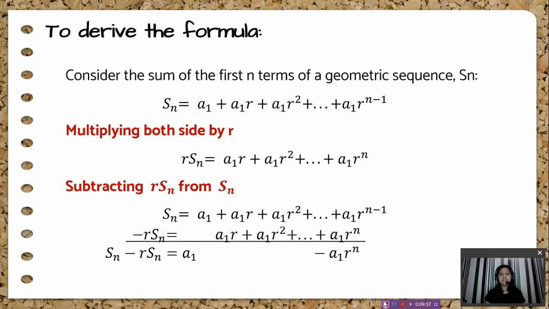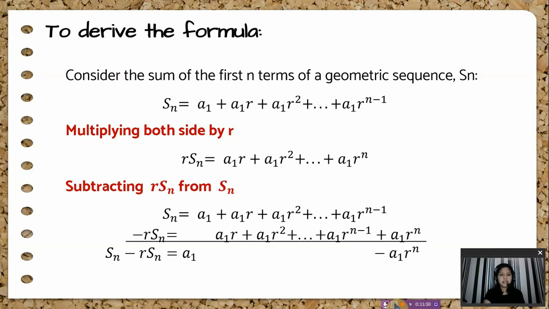Consider the sum of the first n terms of a geometric series, S sub n. So, our S sub n would be a sub 1 plus a sub 1 r plus a sub 1 r squared until a sub 1 r raised to n minus 1. Multiplying both sides by r, the same process as what we did earlier, we would get r S sub n is equal to a sub 1 r plus a sub 1 r squared until a sub 1 r raised to n.